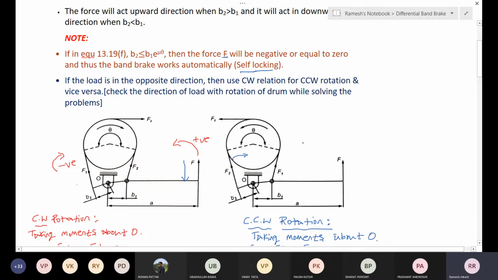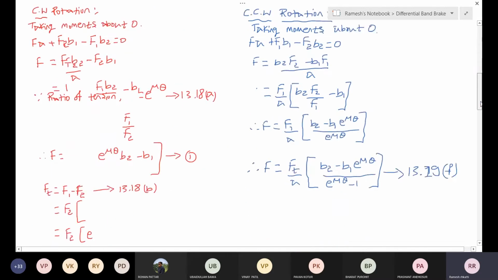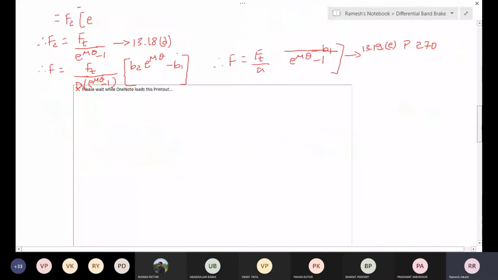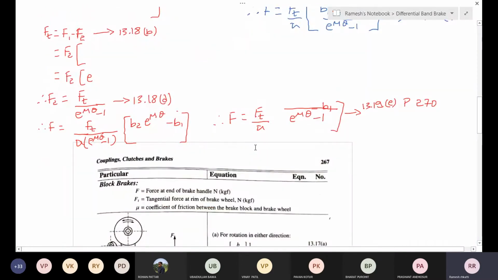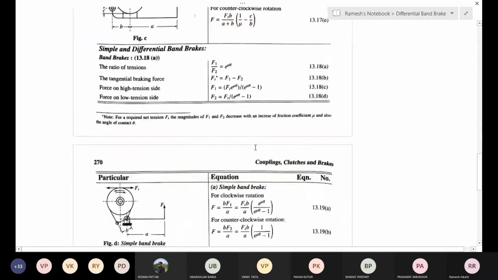Or in the given problem, for counterclockwise, if the force is acting downward, you have to use the clockwise relationship. You have to check the loading, whether it is acting upward or downward. I will show that in your data input. I think the page is still loading. Yes, now you can see.